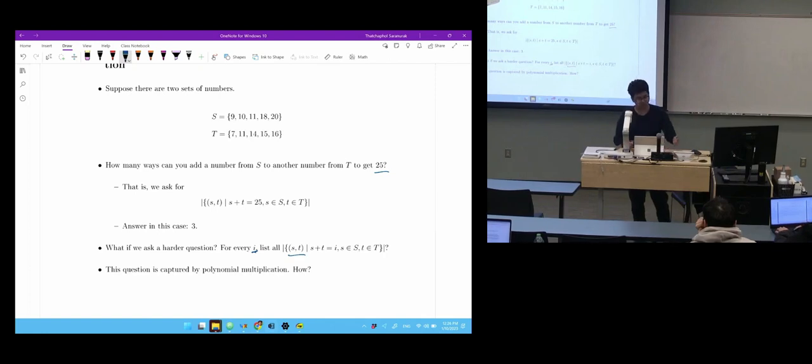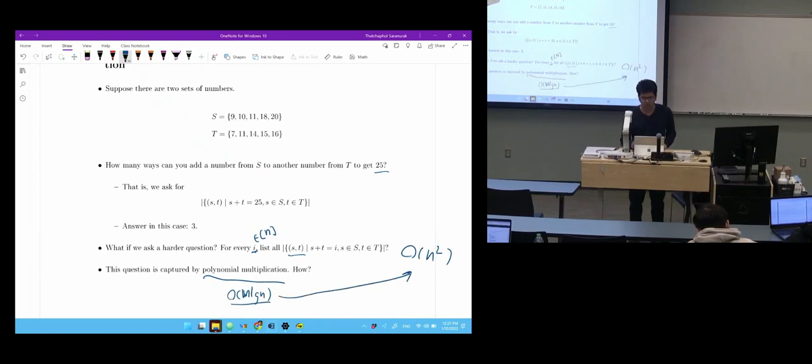Suppose that I ranges from 1 to n. Then a trivial way to do this is n squared time, because for each I you spend n time. Now, with polynomial multiplication, you can do it faster. I'm going to teach you how to do polynomial multiplication in n log n time. And you will see that from polynomial multiplication, you can answer this for all I simultaneously. So you get a very good improvement.